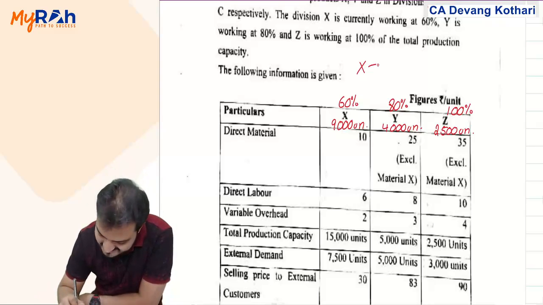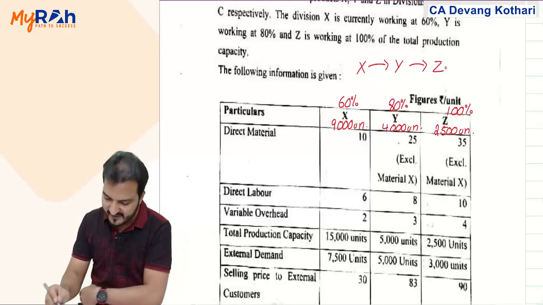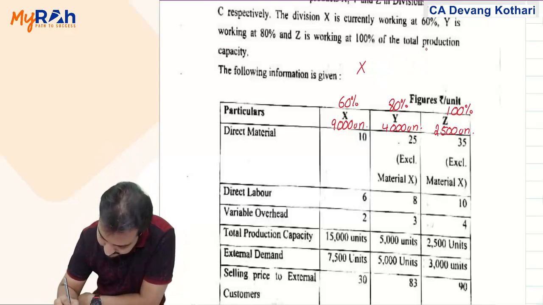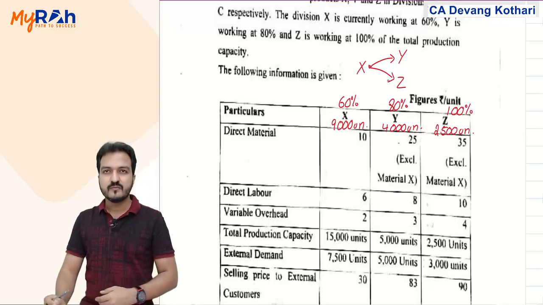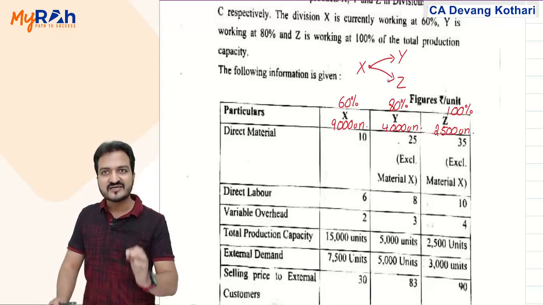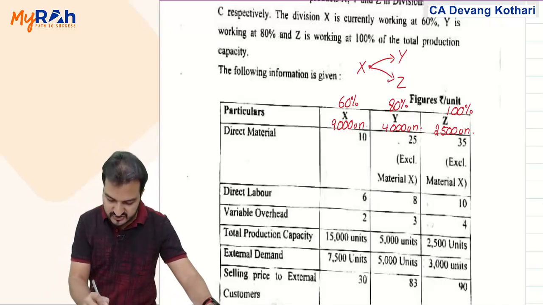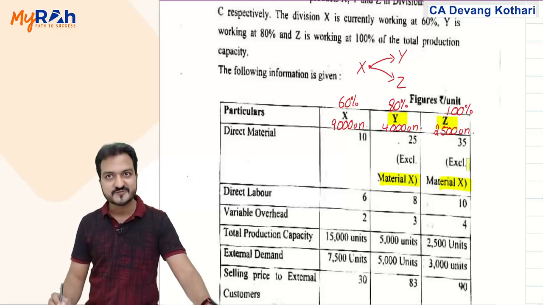It is not like X transfers to Y and Y transfers to Z. No. In fact, here in this company, X transfers to Y and X transfers to Z. Your division X is transferring materials to Y as well as Z, because you notice here that both Y and Z are using material X.